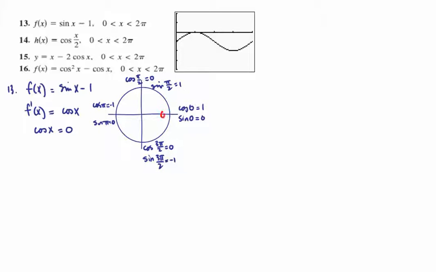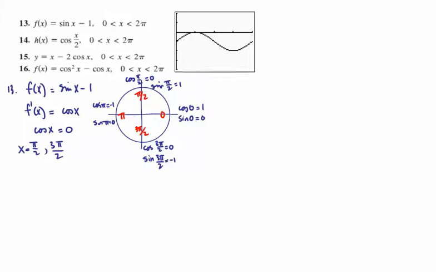So if I just say this is 0, this is pi over 2, this is pi, and this is 3 pi over 2. So those are values that you should remember there. And so cosine is 0 whenever x is equal to pi over 2 or x is equal to 3 pi over 2, either of those two places.